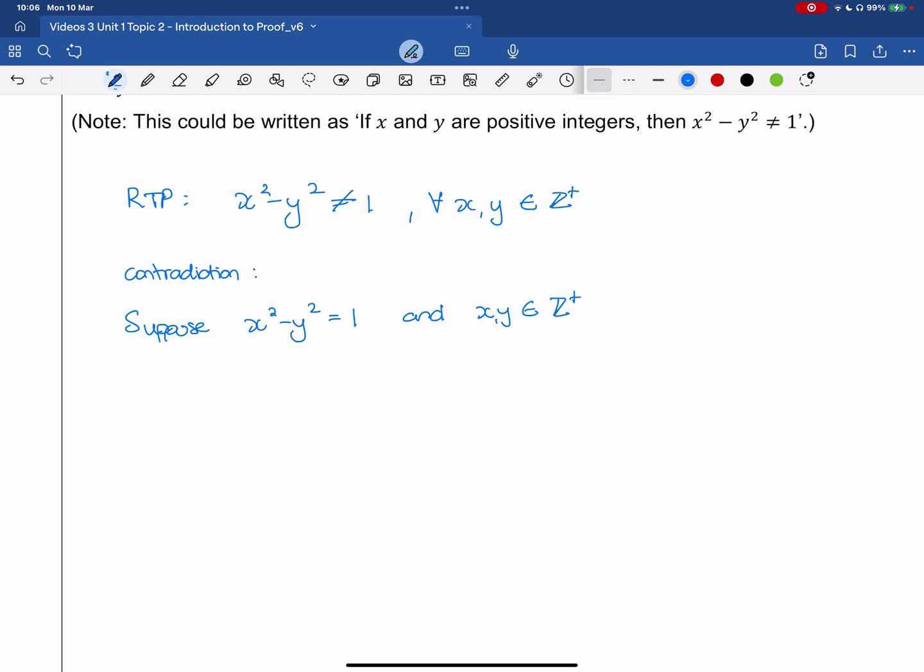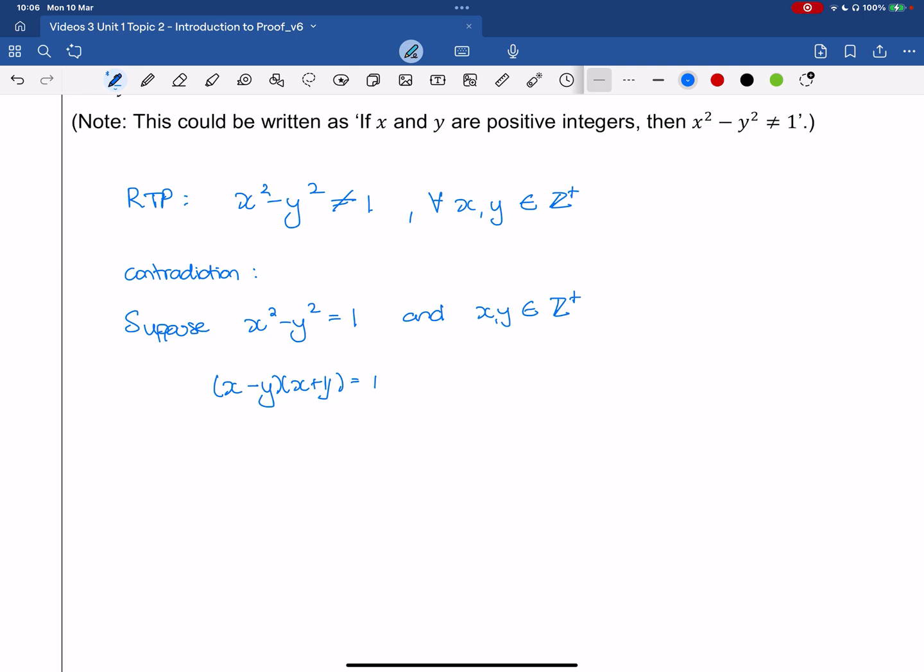Okay, now x squared minus y squared is a difference of perfect squares, so I can factorize that. So I get x minus y, x plus y equal to 1.